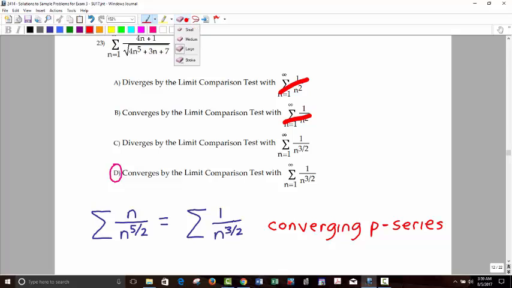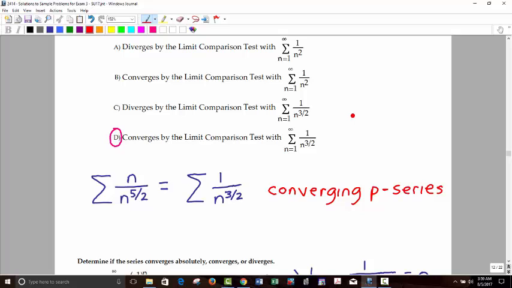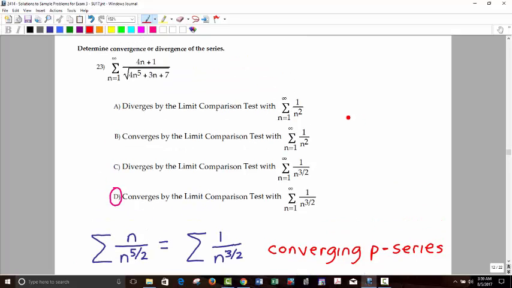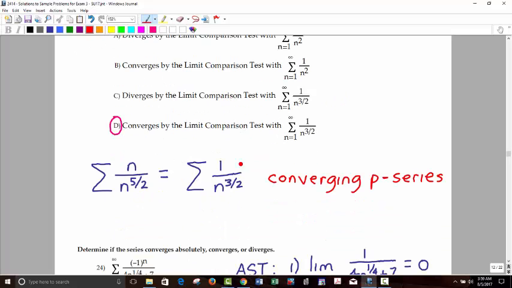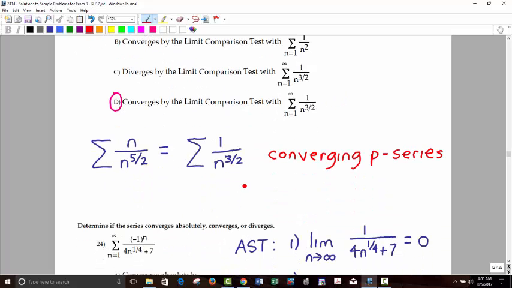The next important step is to get it down to the final answer by determining whether it converges or diverges, and that's based on what 1 over n to the 3 halves does. 1 over n to the 3 halves is a converging p-series. Therefore, our original series up here will converge by the limit comparison test with that p-series, 1 over n to the 3 halves.